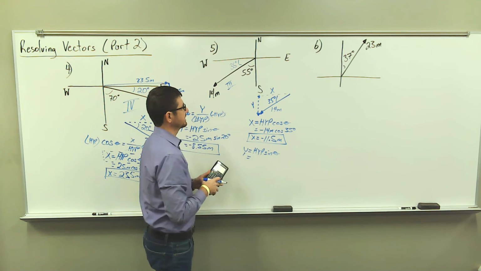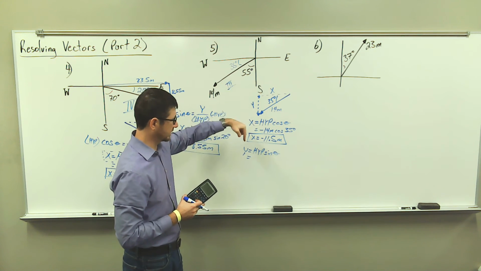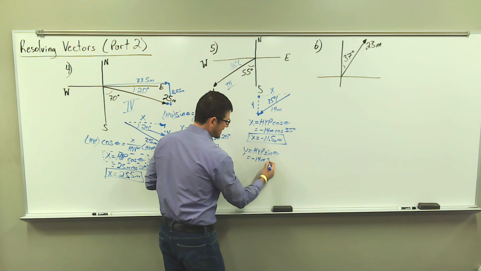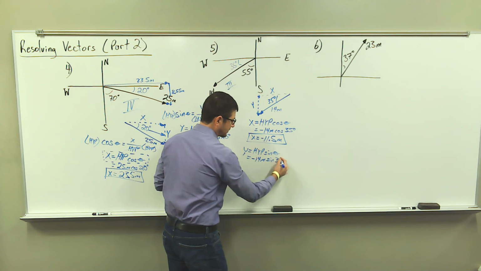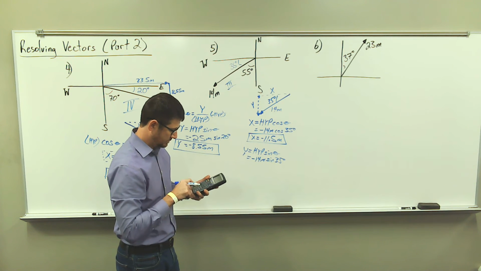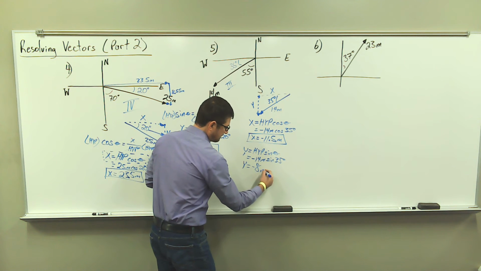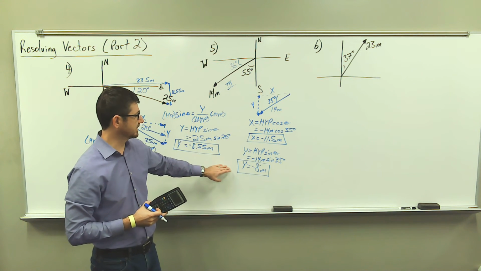We need to apply the negative sign to the hypotenuse because we're in quadrant 3, going in a negative y direction. Negative 14 meters times sine of our reference angle, 35 degrees. Now you get negative 8 meters. Okay, so negative 8 meters.